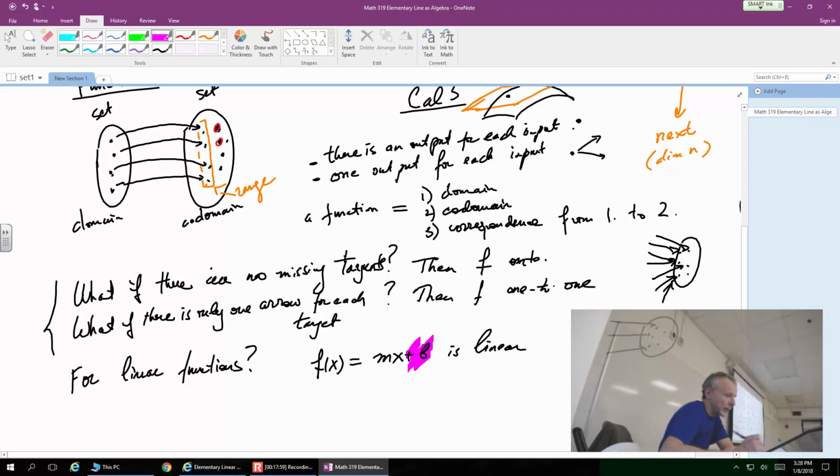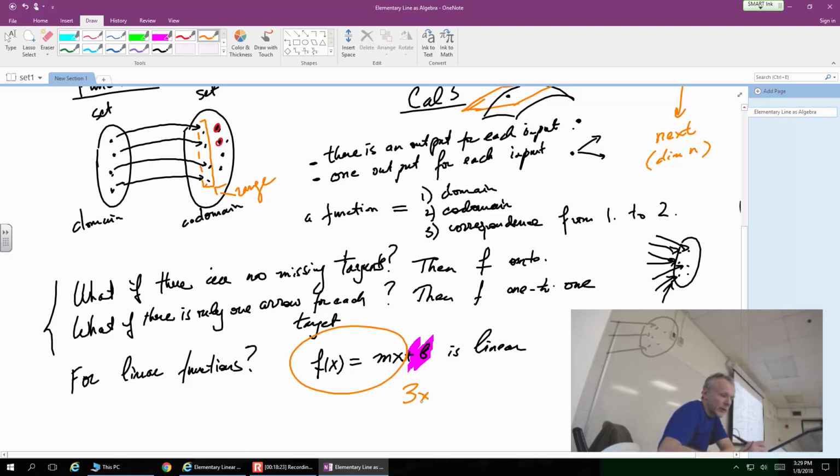Okay, so linear functions do not have that plus b. That's what we have been taught in pre-calculus and calculus, but in linear algebra there's a mismatch of language: that plus b makes functions non-linear. It's not linear anymore. mx, period. That is a linear function.